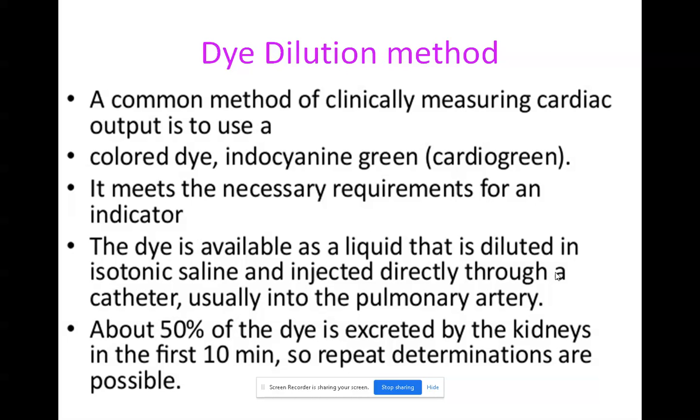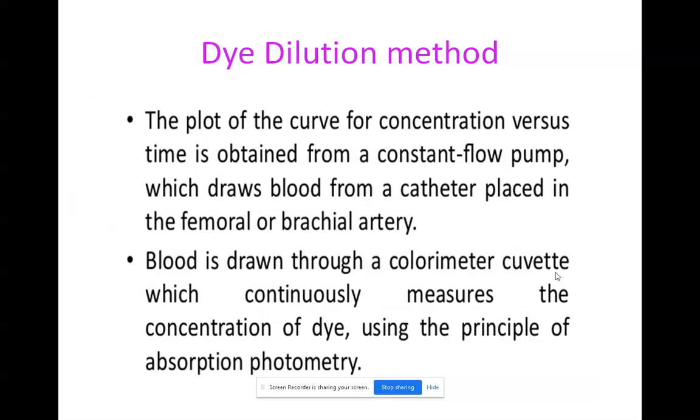From the blood, you find the concentration of dye, and on finding the concentration of dye, you are able to know the cardiac output, which will be respective to each other. That means cardiac output will be directly proportional to the concentration of dye. So using the dye, you can measure the cardiac output value.